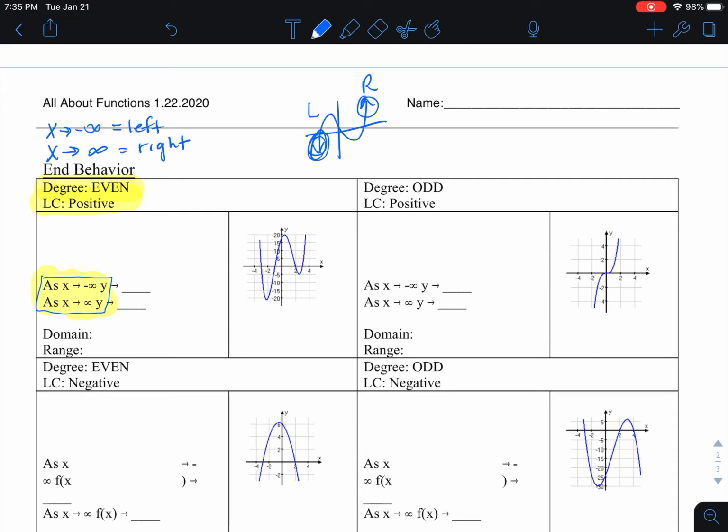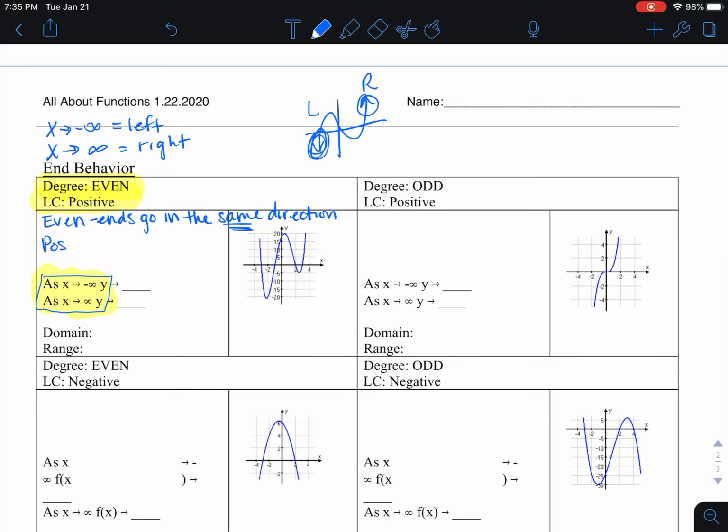An even degree means your ends are going to go in the same direction. That's what even means.